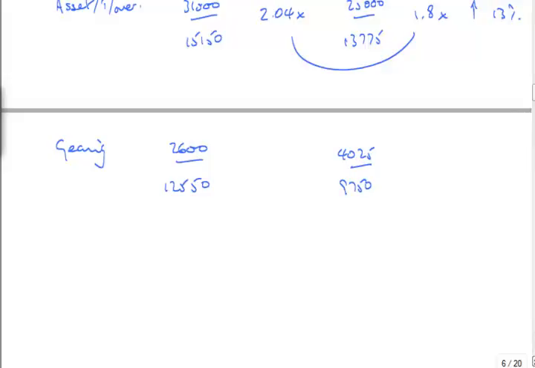So 2.6 divided by 12,550 is 21%, and 4,025 divided by 9,750 is 41%. And so we're far less dependent upon outside funding than we were.